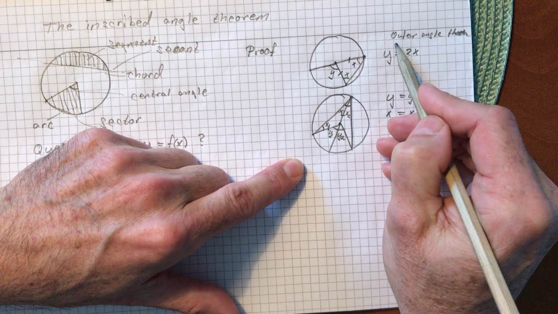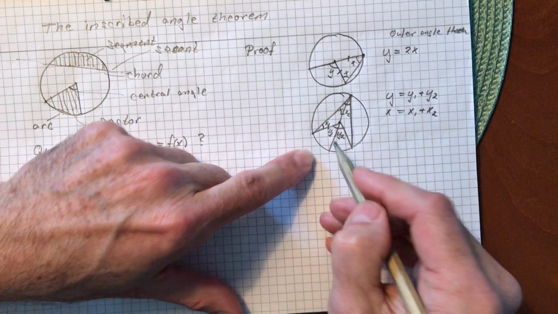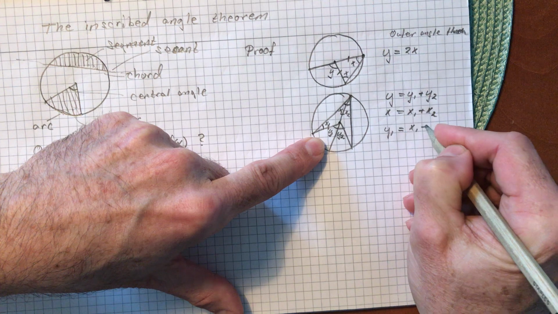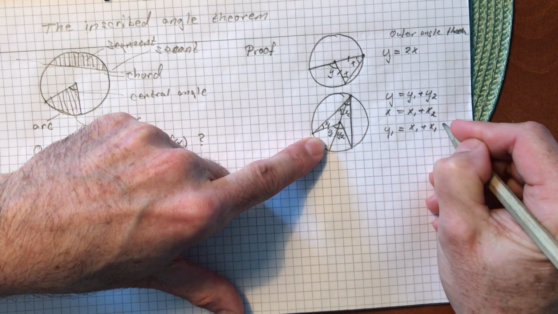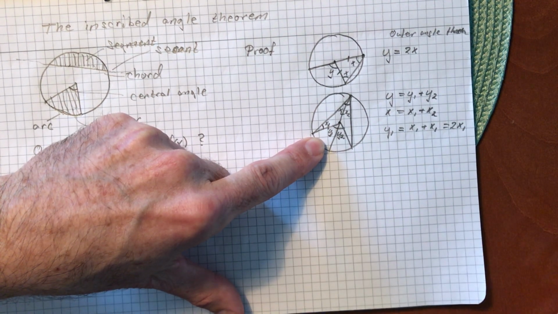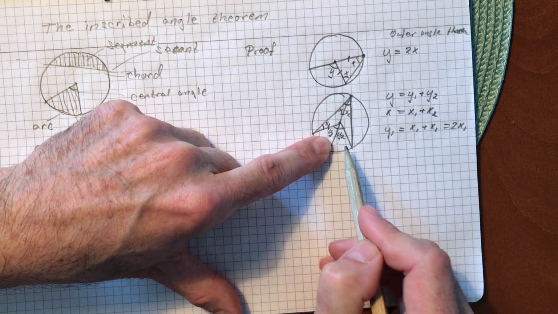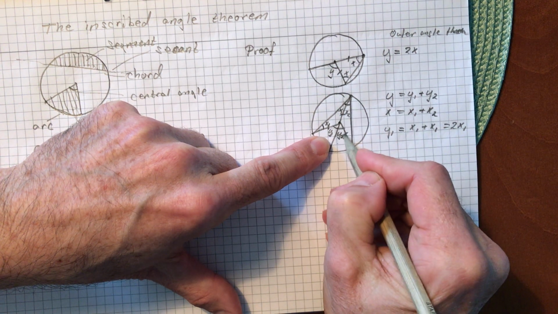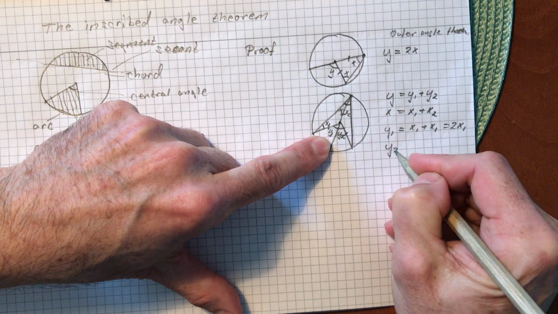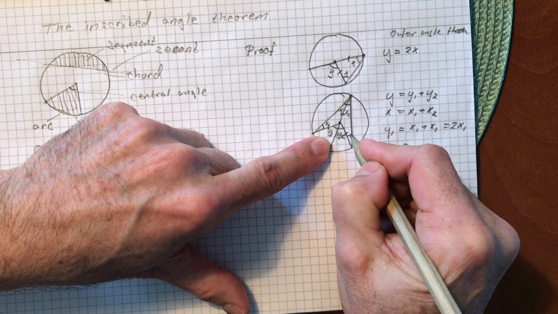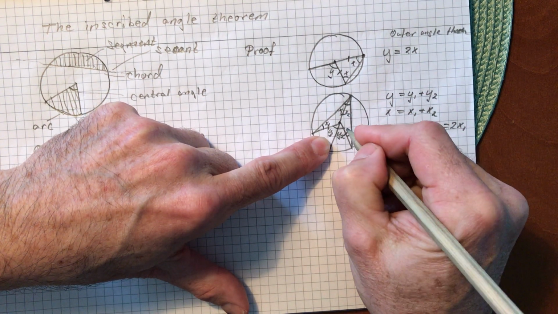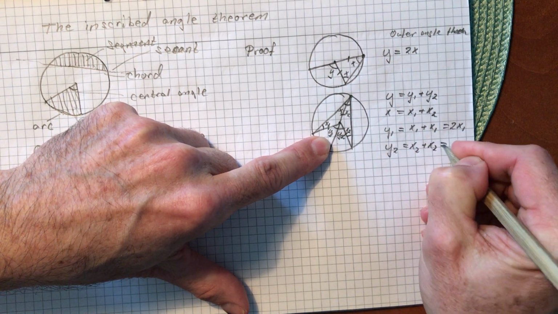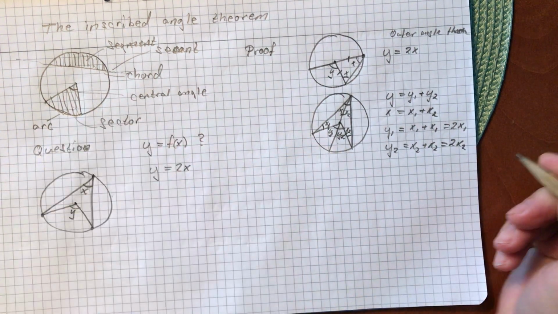And now, according to the outer angle theorem, we know that y1 is equal to x1 plus x1, or 2x1. And we also know that in this triangle, this length is the same as this length. So y2 is equal to that angle plus that angle, and both are x2. So x2 plus x2, or 2x2, like this.